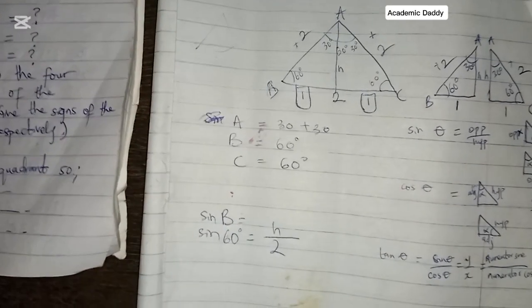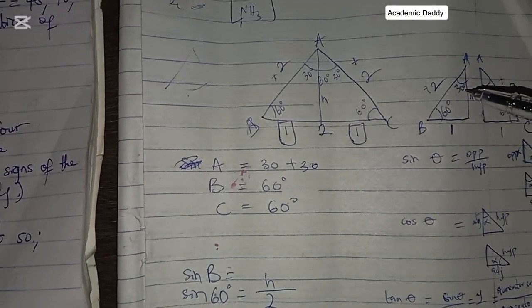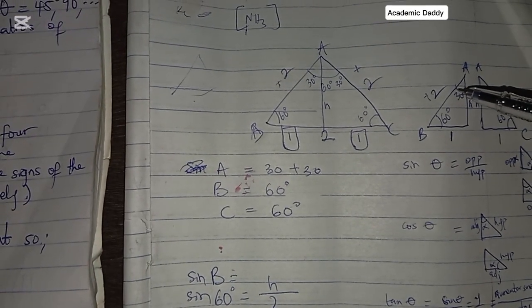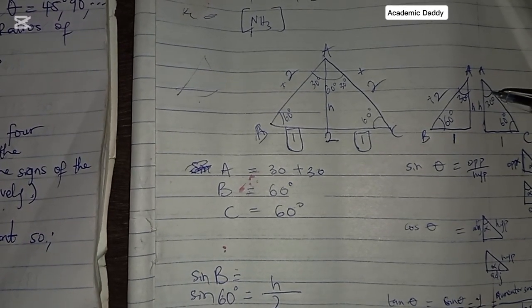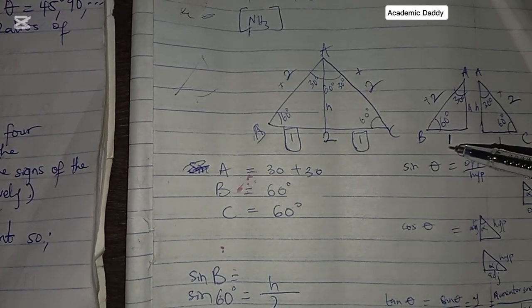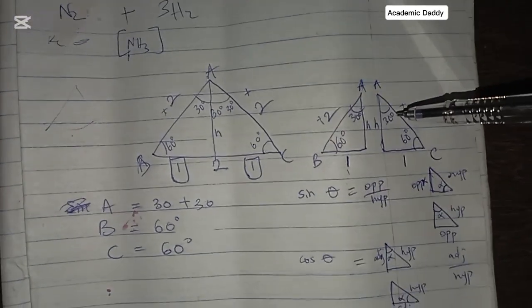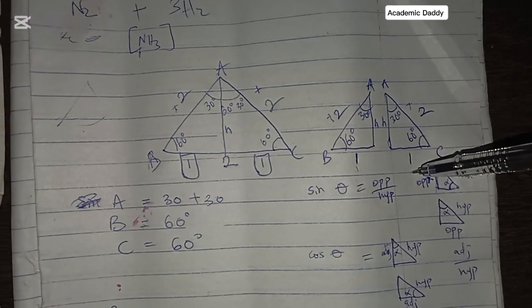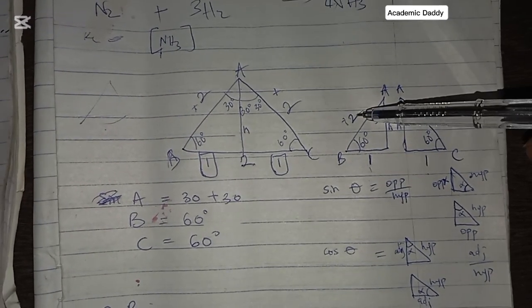Then for sine 30, I'm leaving it at this. I'm not rushing. For sine 30, this is 30 degrees. This is 30 degrees. So for sine 30 degrees, this is also 30 degrees. So you see that this is going to be the opposite. If I'm looking this way, look at where my biro is, this is the opposite over hypotenuse, 1/2.